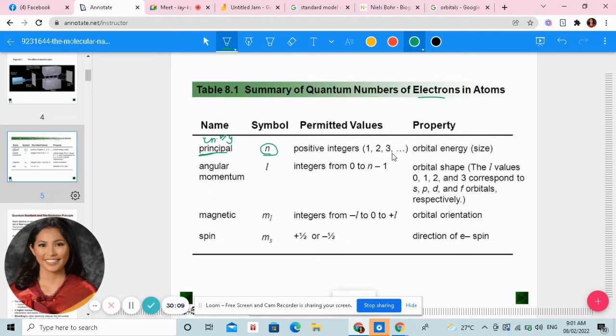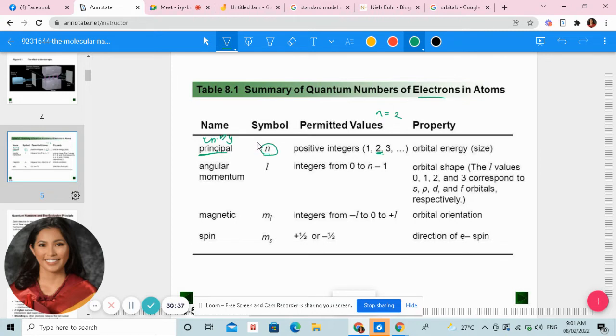So when n is equal to 2, what does it mean? It is the L shell.